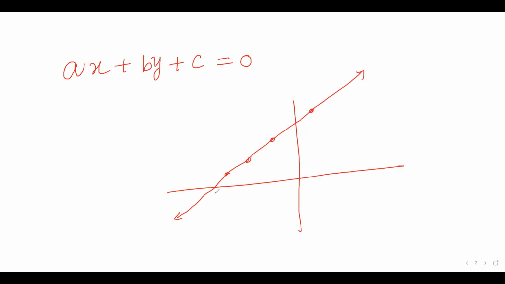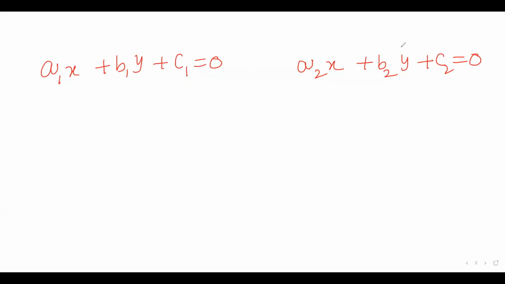So you got a straight line. Now we got two linear equations. Both the equations are in two variables. We call them as pair of linear equations in two variables.